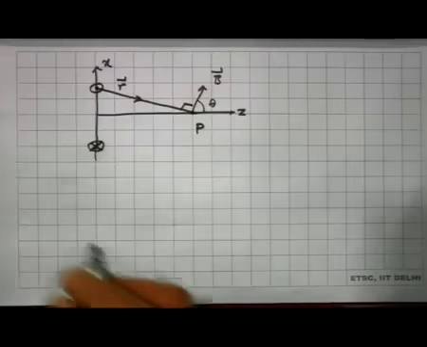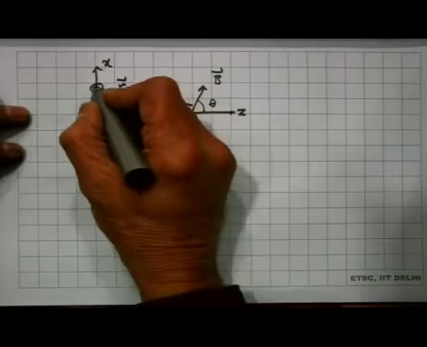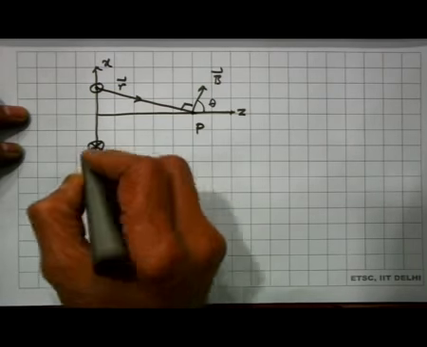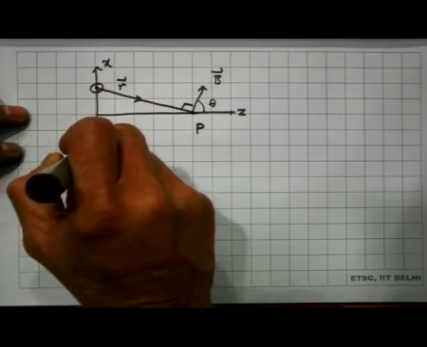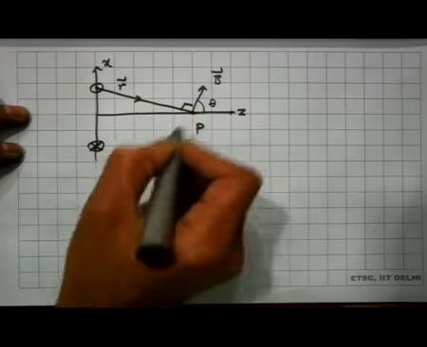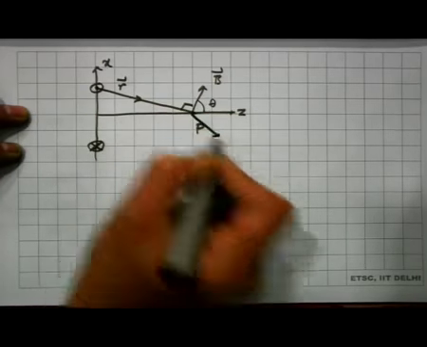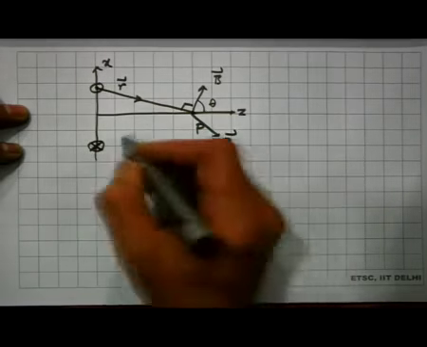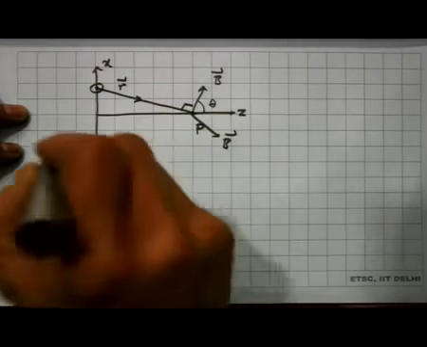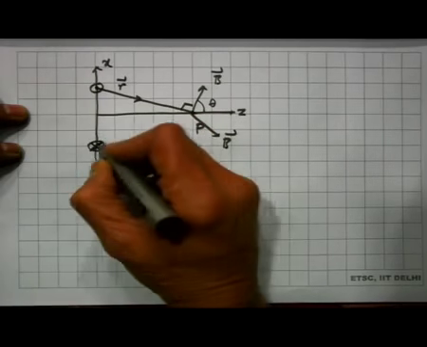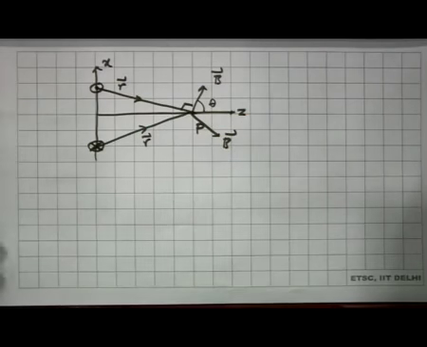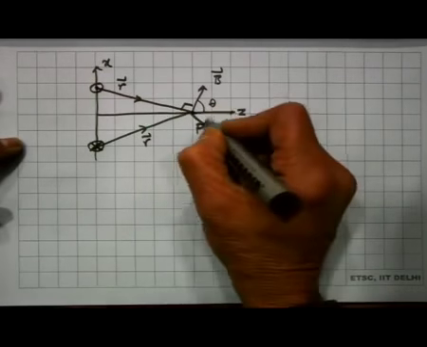For a current element here, this is the magnetic field. For this current element, where the current is now going inside, the magnetic field happens to be exactly the same magnitude, but in this direction, because this current is going inside the paper and the r vector is here corresponding to this element. The magnetic field happens to be in this direction, and that angle is also theta.